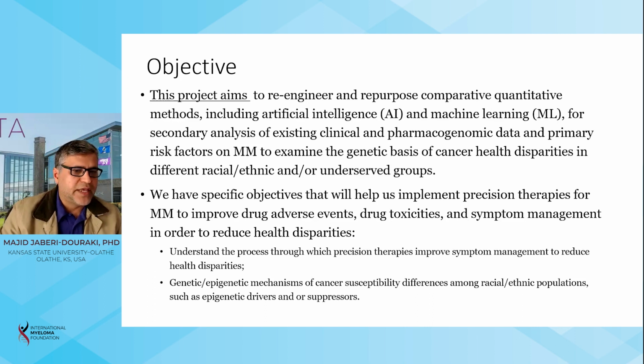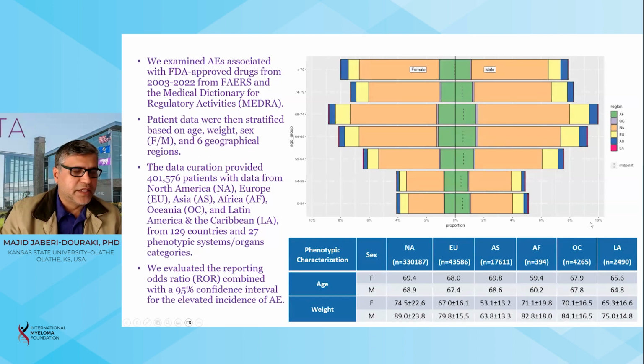Our poster here is about disparities in multiple myeloma, and we looked at the global perspective on drug toxicity trends. We looked at the FDA database, which is a real-world database that provides the largest data sets available right now for patients with multiple myeloma. There are roughly over 400,000 patient records, and we used statistical methods to review the data and identify signals that are hidden in such massive data sets.